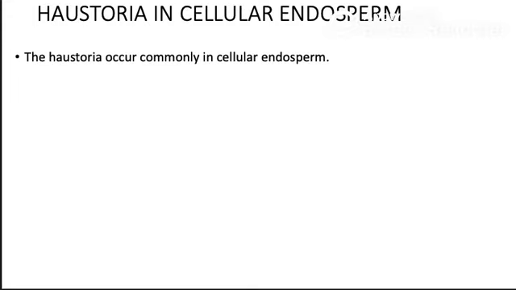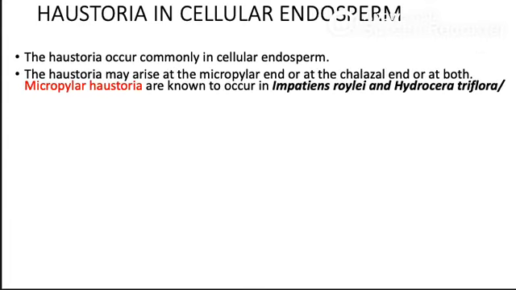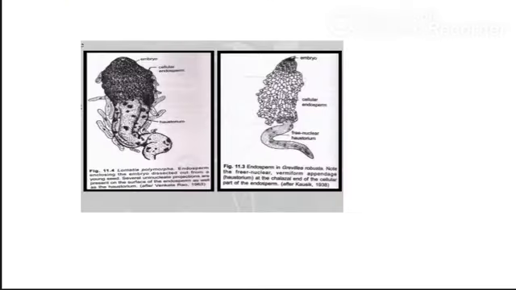Haustoria are more common in cellular endosperm, and if you remember, in nuclear endosperm, haustoria is found only at the chalazal end.